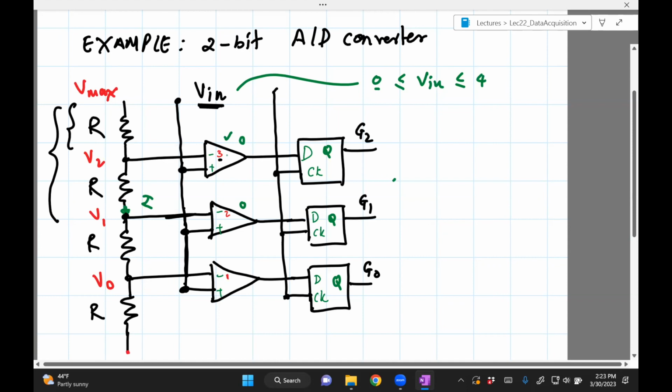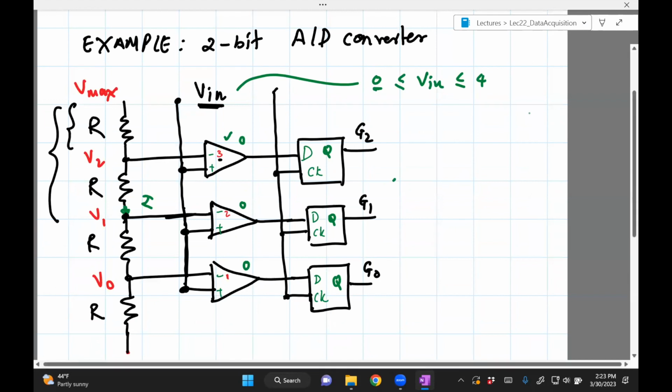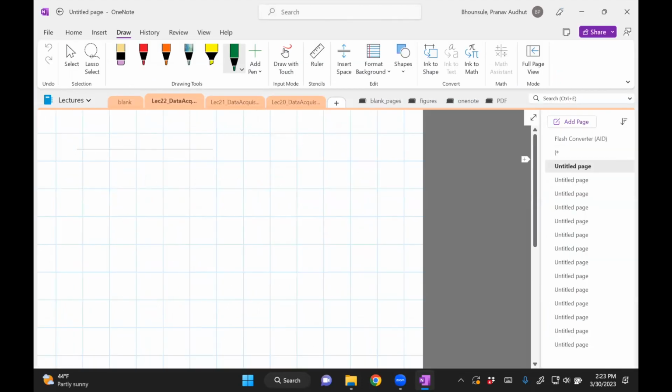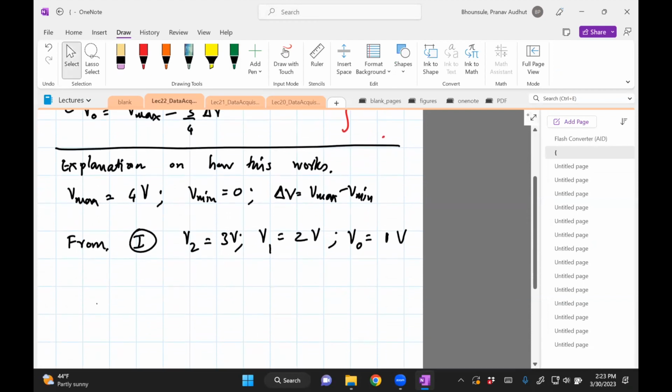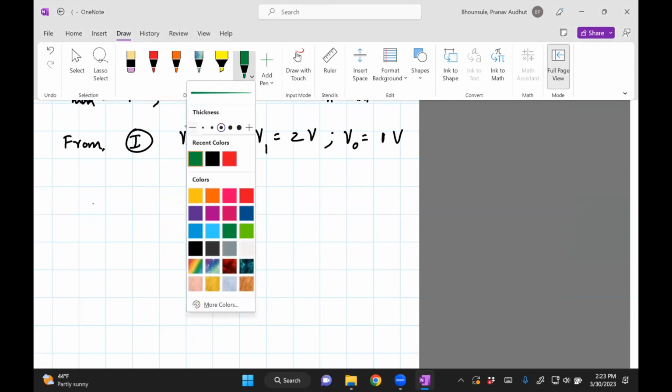And here also 1 is greater than 0, so the output would be 0. That will be true for any input from 0 to 0.99 volts, because 0.99 volts is less than 3, 2, and 1. Let me go ahead and create a table which will show how this works.